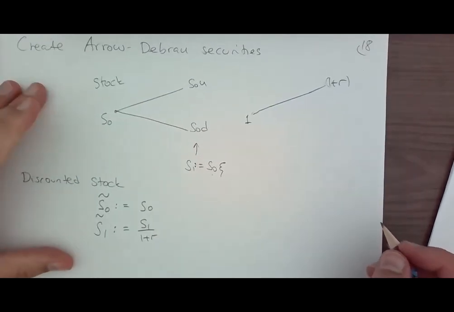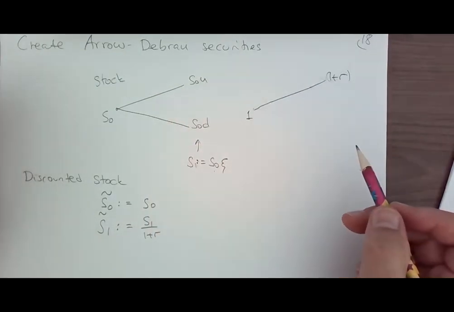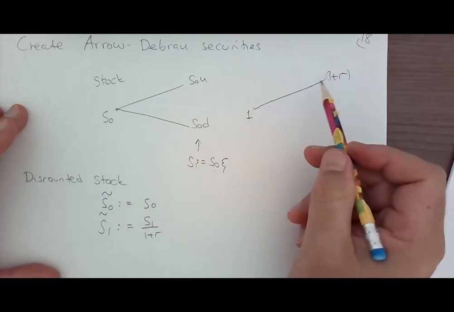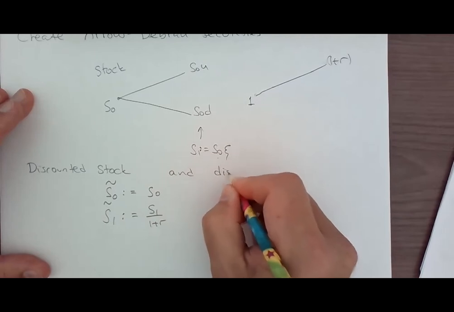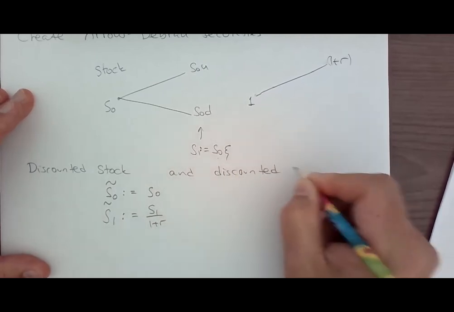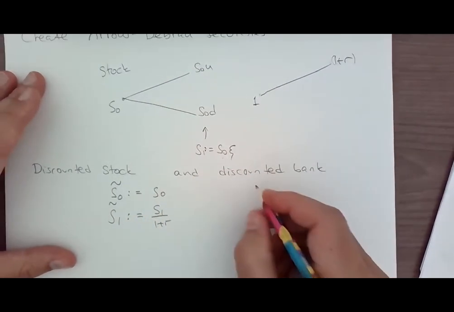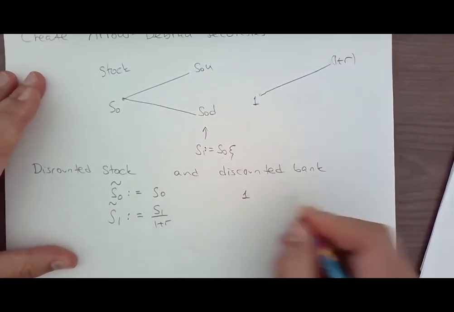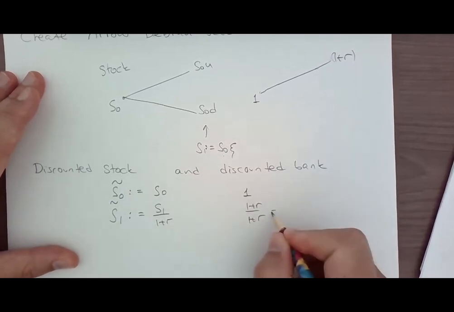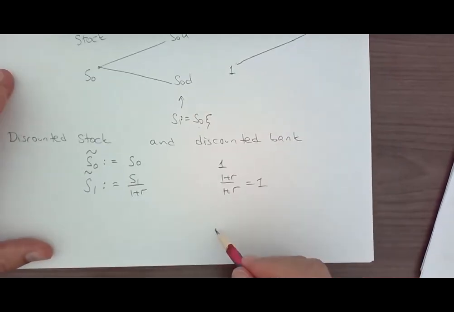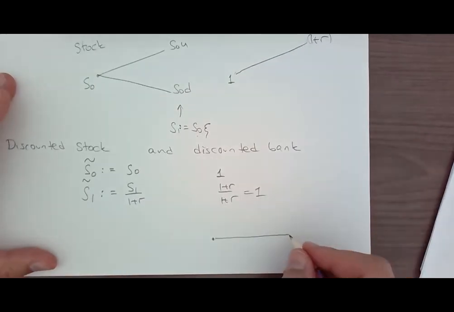And likewise, if I divide through here by 1 plus R, now I'm going to eliminate the slope on the bank account. So I'm going to get a discounted stock and discounted bond. The discounted bond is going to be 1, and 1 plus R divided by 1 plus R, which is also a 1. So in the discounted market, the line on the bank account is just going to be flat.